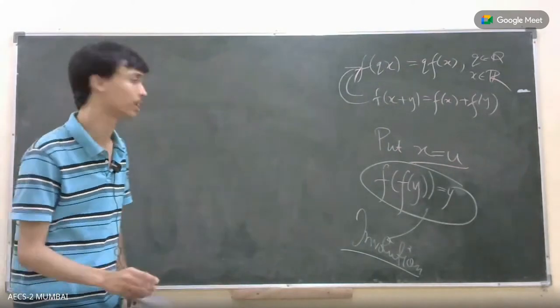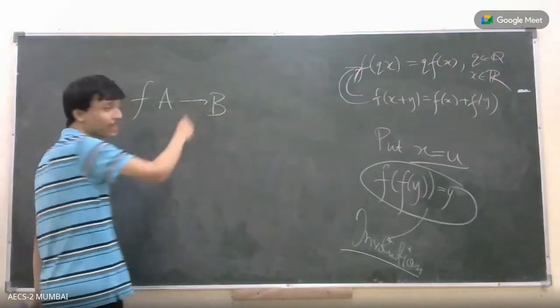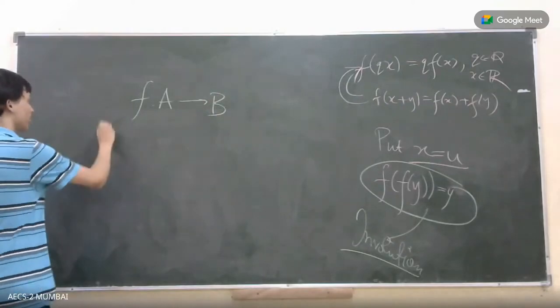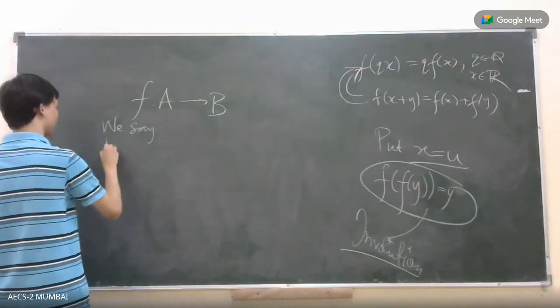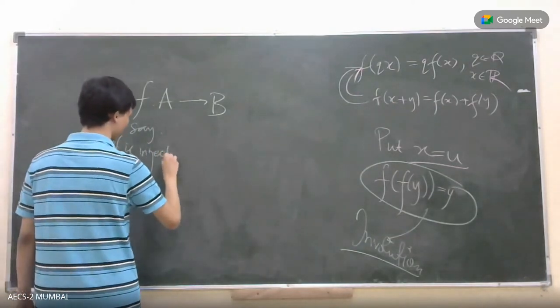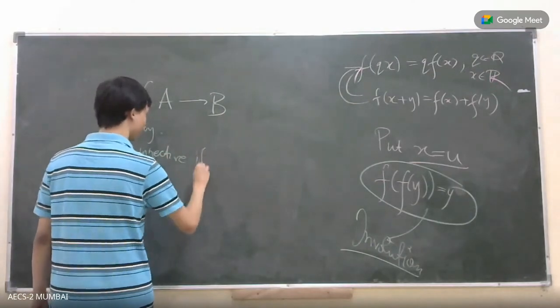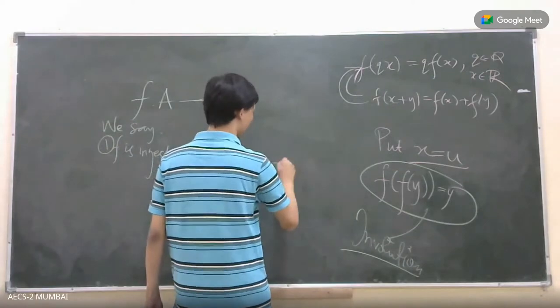Okay. So let f from A to B be a function. A, B can be any size. We say f is injective if f of x equal to f of y implies x equal to y.